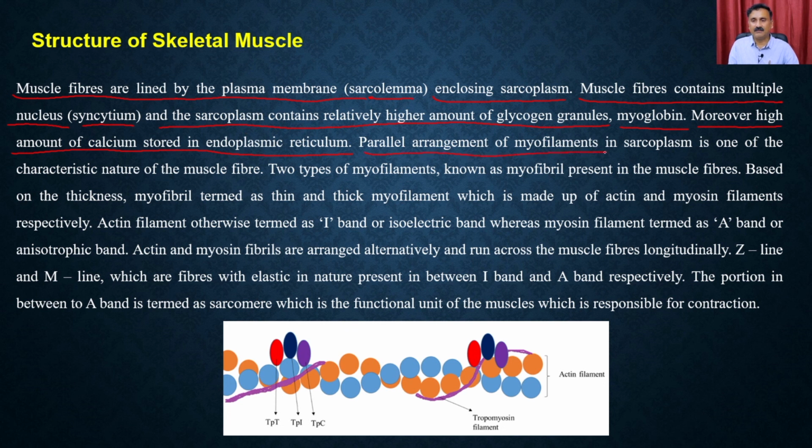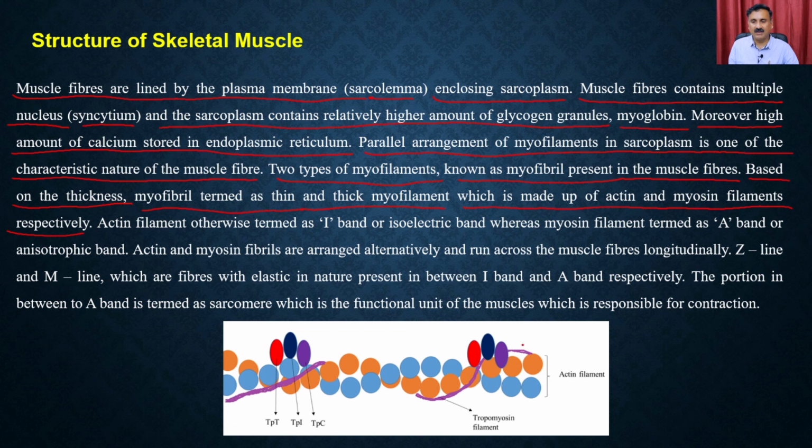Parallel arrangement of the myofilaments in the sarcoplasm is one of the characteristic features of muscle fibers. There are two types of myofilaments present in the myofibrils of muscle fibers. Based on thickness, they are termed thin and thick myofilaments, which are made up of actin and myosin filaments.